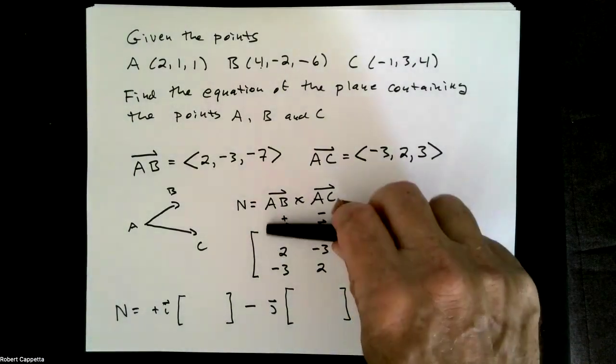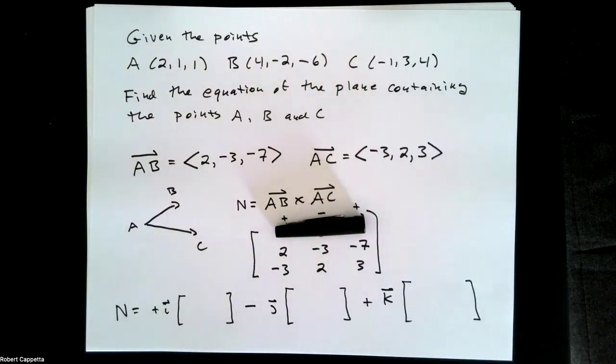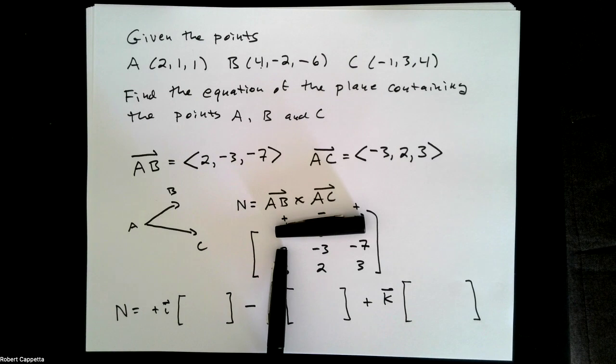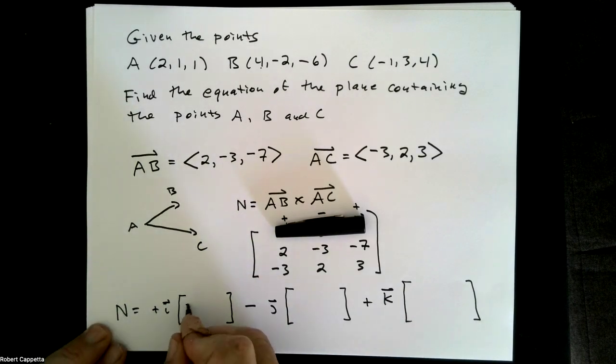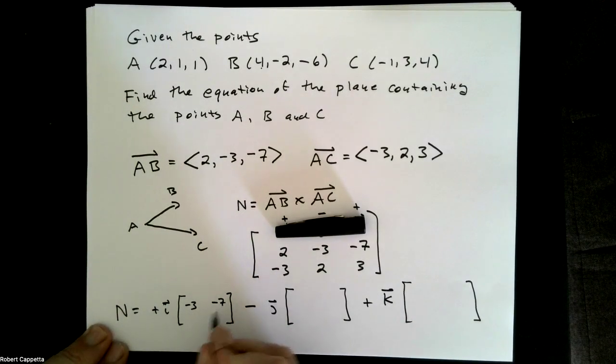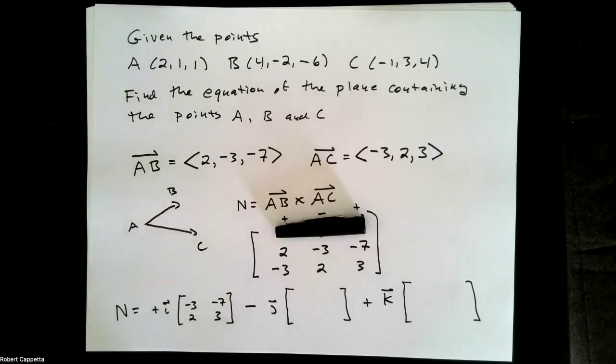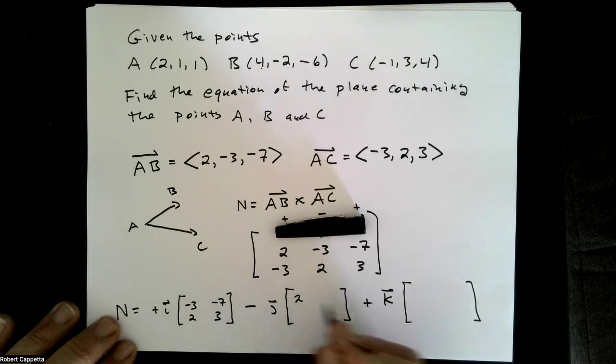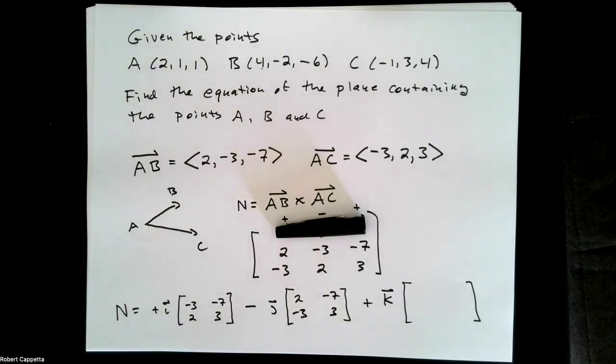We cross out the row that i is in, and then we cross out the column that i is in. And we are left with -3, -7, 2, 3. We do the same thing with j: cross out the row and the column that j is in. 2, -7, -3, 3. And then with k, cross out the row and column that it's in: 2, -3, -3, 2.